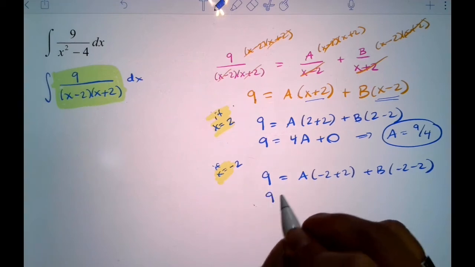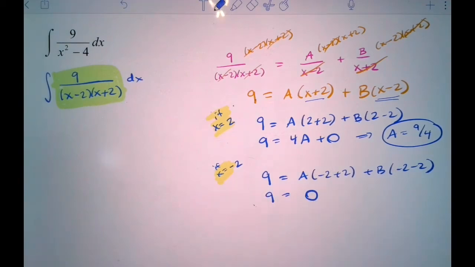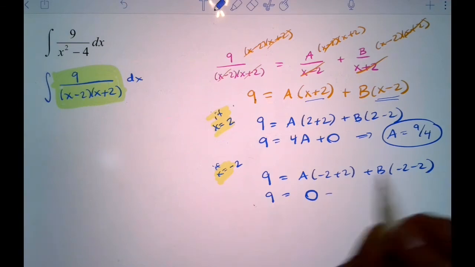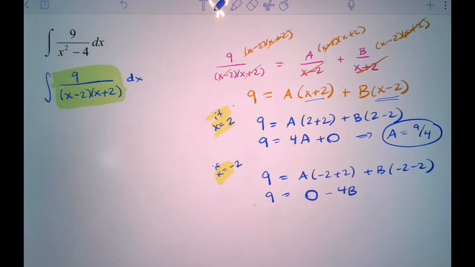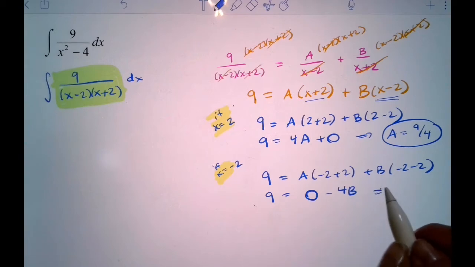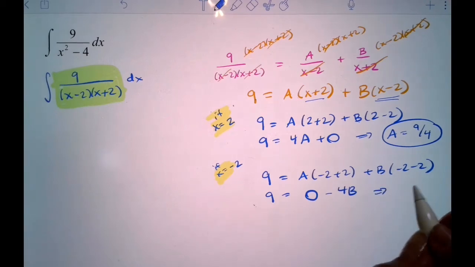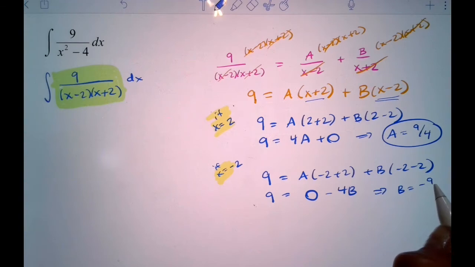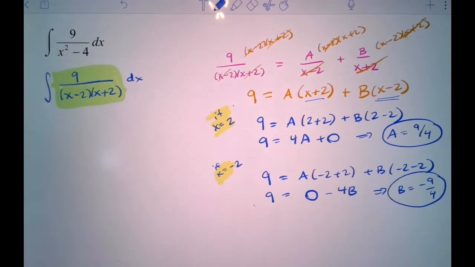The whole point here was that this whole term collapses to 0. A times 0 is 0. What I have here, though, is negative 4 times B. So really quickly, just divide through by negative 4. B is negative 9/4.